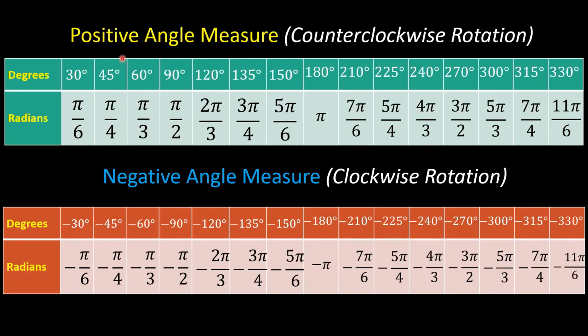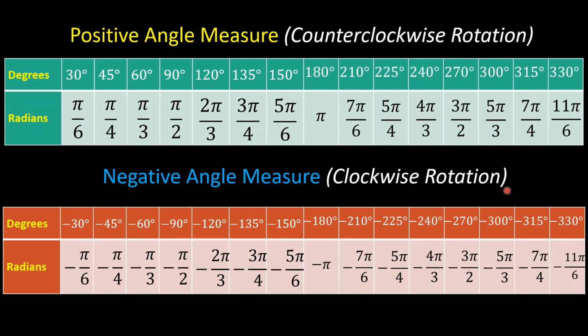This is a summary of the positive angle measures, but again, I would like to emphasize that it is an infinite rotation. It keeps on going back to these measures, and recognize the counterclockwise rotation gives positive angles, all in standard position. Negative angle measures are derived from clockwise rotation.